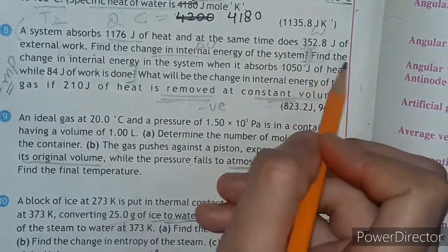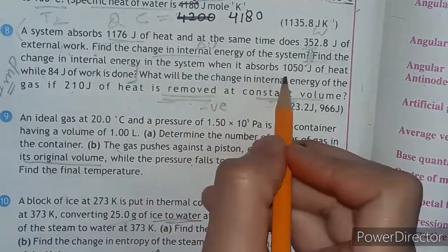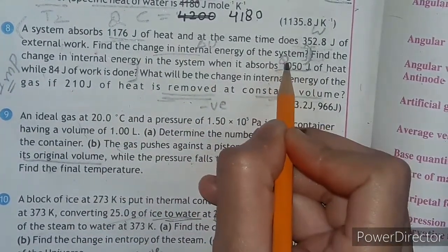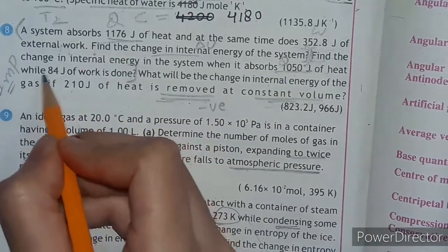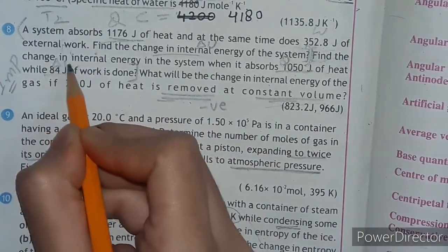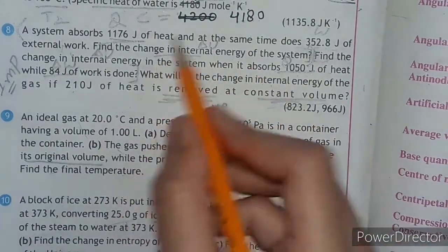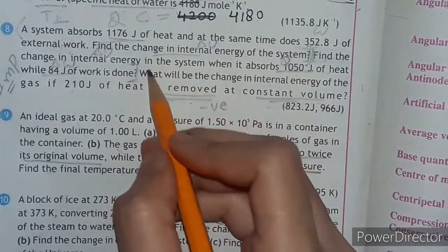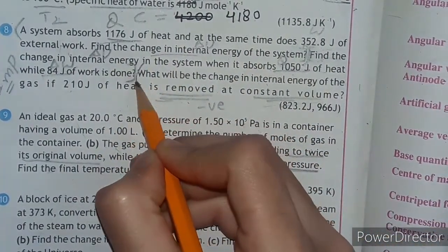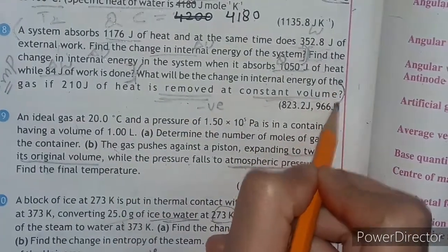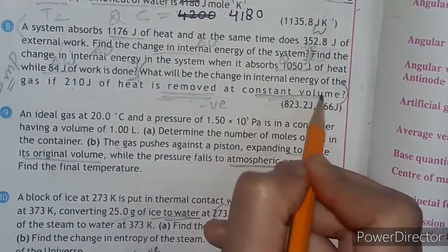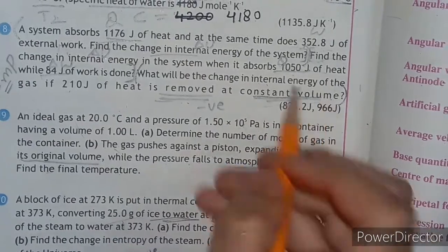And in the second part we are given the heat, this is Q, and we are given the work done. We have to find the internal energy, using the same method as the first. Then the third part is from here to the last. In this part we are given a constant volume.